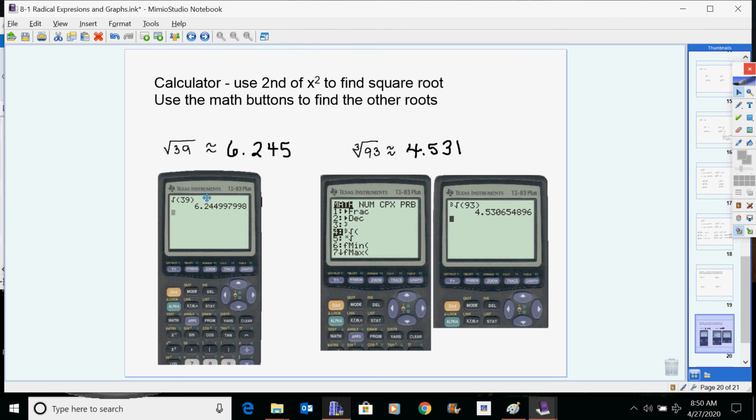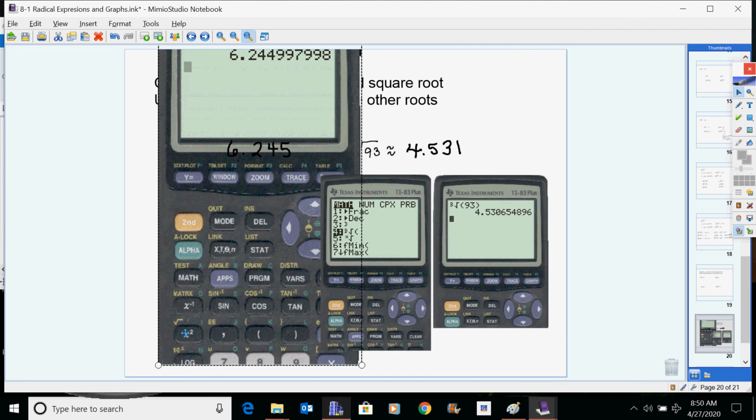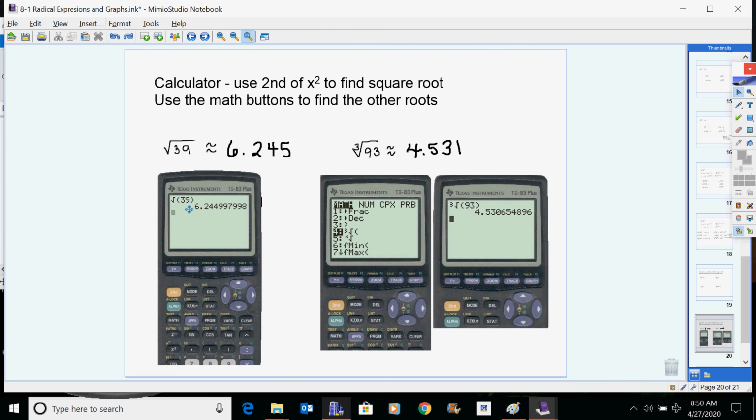Square root of 39, second of this square button, you can see that square root right there. I can make this really big too. See how the square root is right above the square, so when you do the second of the square root, what you end up with is finding the square root of that. This gives you your decimal approximation.